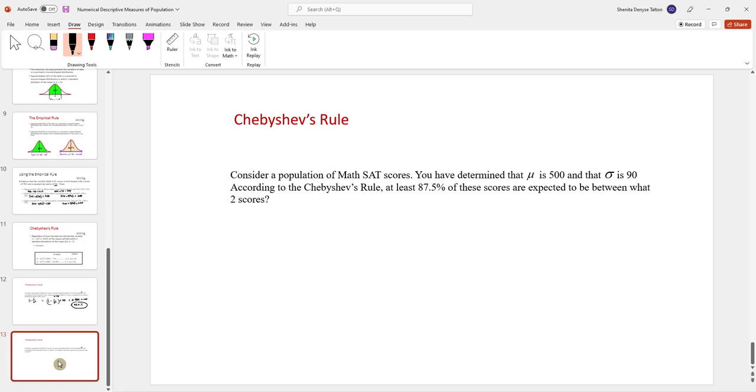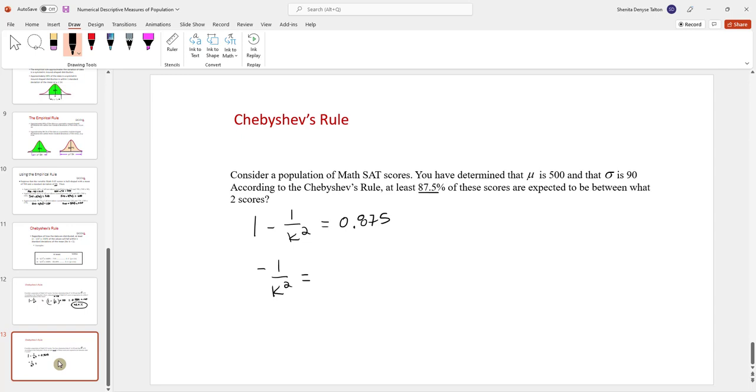So let's go back to this problem again. According to Chebyshev's rule, at least 87.5% of these scores are expected to be between what two values? So in this case, we are going to solve for k. They told us what the percentage was. So if I take 1 minus 1 over k squared, I'm going to set it equal to 0.875. I'm going to solve for k. So the first thing I'm going to do is subtract 1 from both sides.